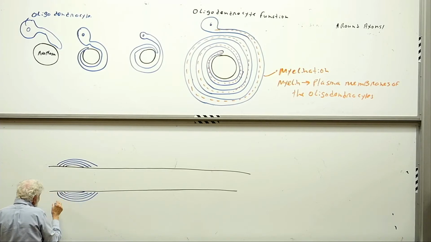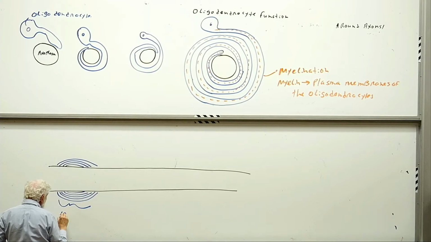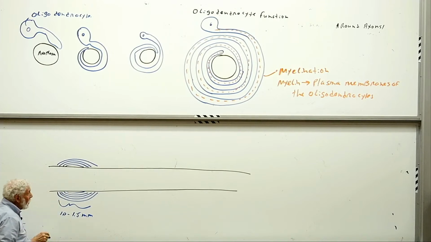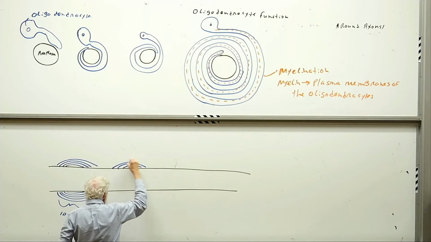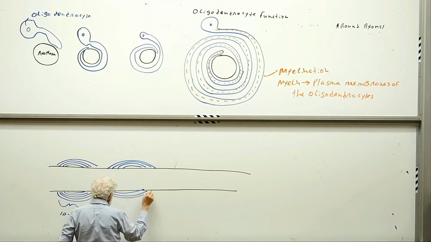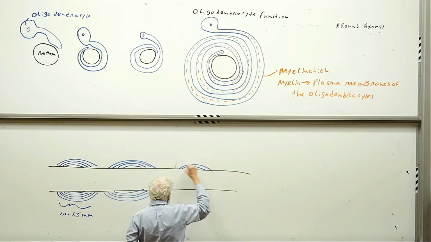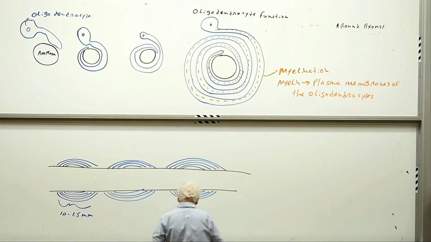And we see that they extend along the axon a distance of about 1 to maybe 1.5 millimeters. And then there'll be another one here. And then there'll be another one here. Put another one down here.